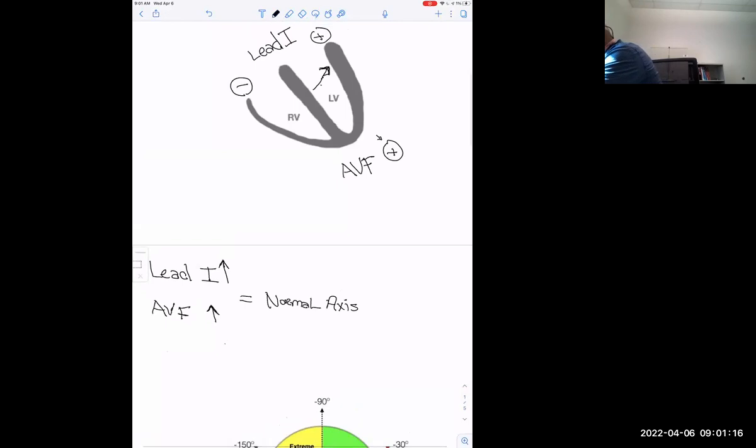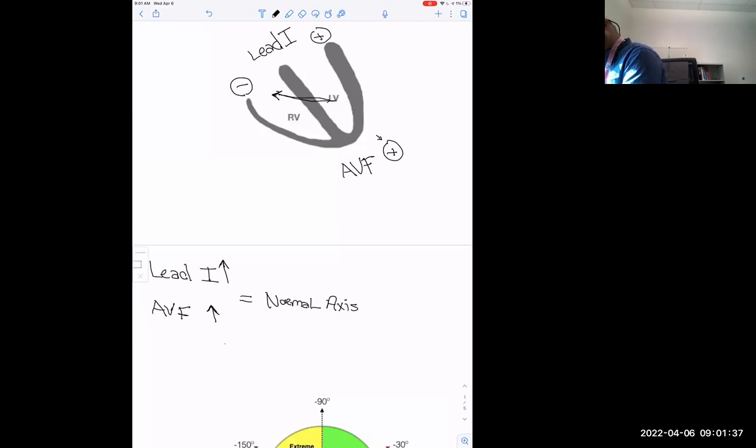So in a situation of a right axis deviation, in other words, forces moving upward and to the right, our vector is moving upward and to the right.